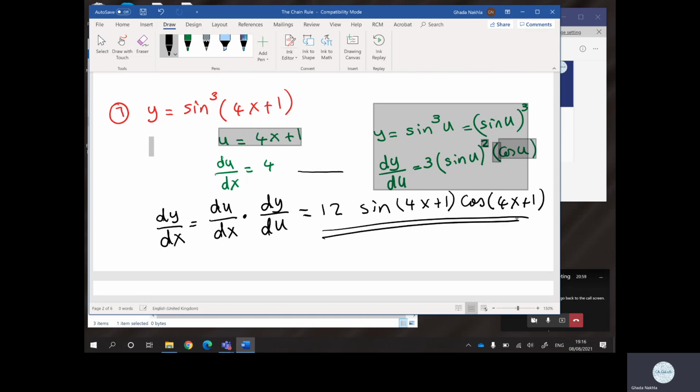And that's my answer: 12 cos 4x plus 1 sine 4x plus 1.